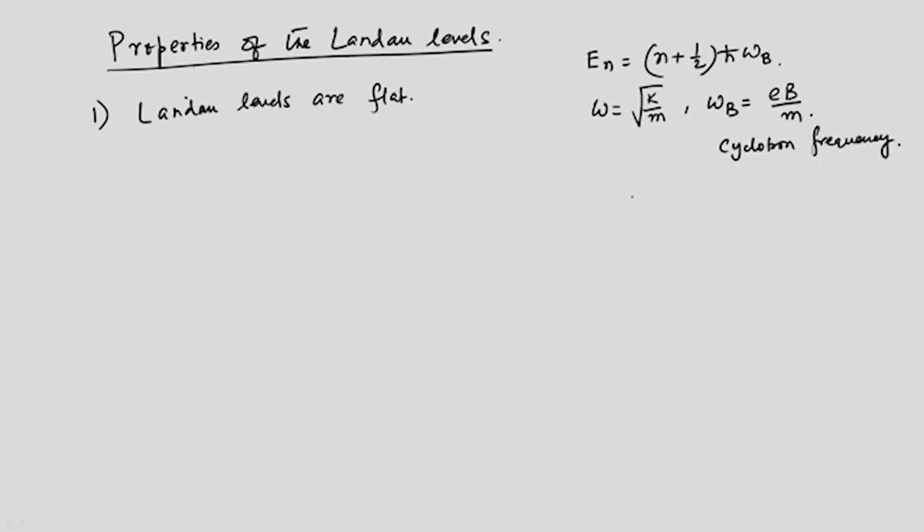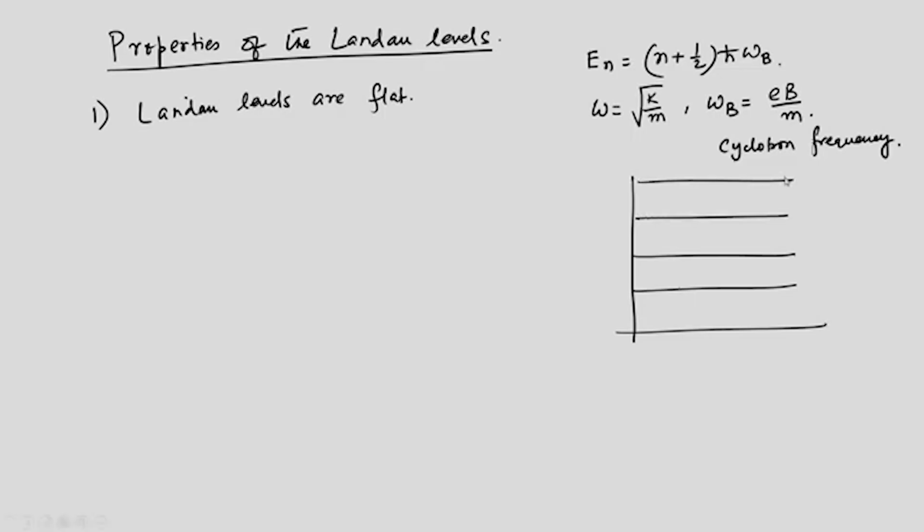Okay. So, these levels, if you draw them, look like this: n equal to 0, n equal to 1, n equal to 2, n equal to 3, and so on. And I have argued and showed explicitly that these levels are, in principle, infinitely degenerate, and the degeneracy is only limited by the magnitude of the magnetic field, and it depends upon the area of the sample.